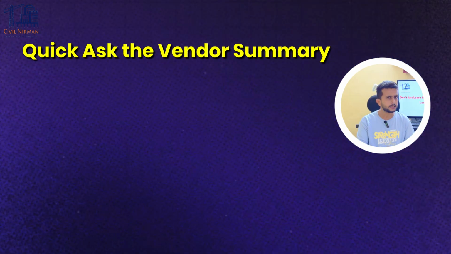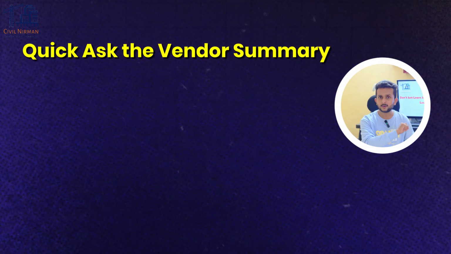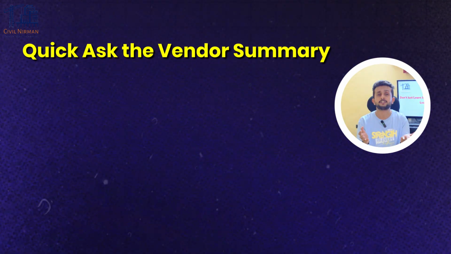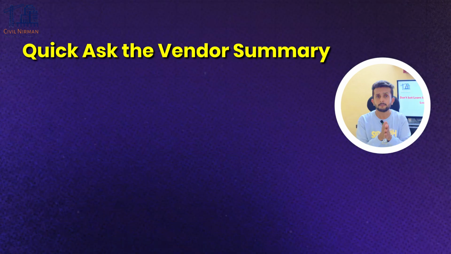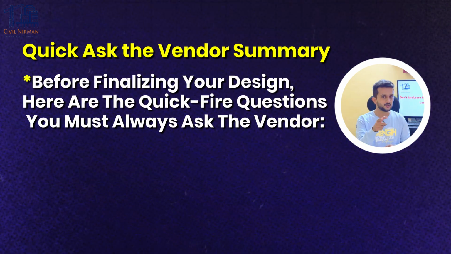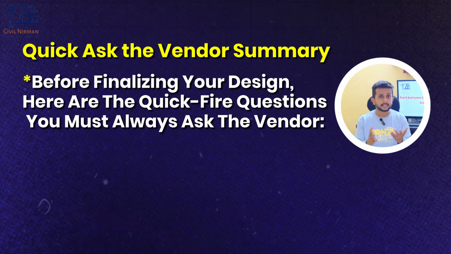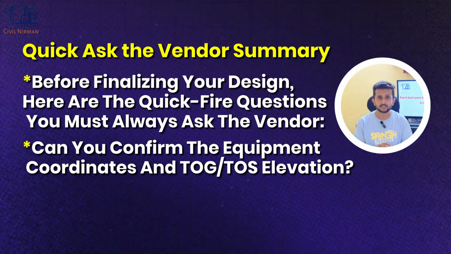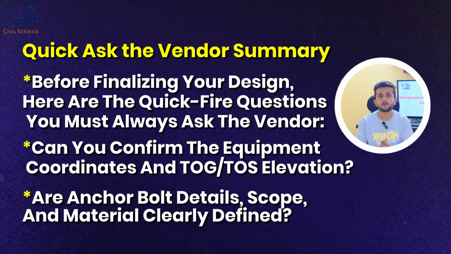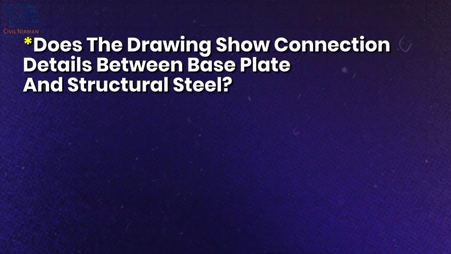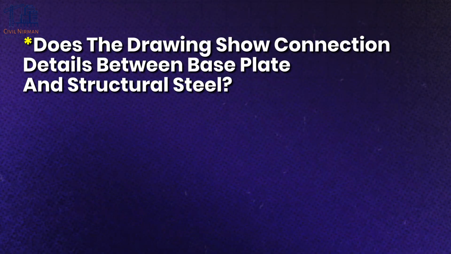Now, here I am providing you one quick ask-the-vendor summary which you can directly ask your vendor if sufficient data is not available. Before finalizing your design, here are the quick fire questions you must always ask the vendor. Can you confirm the equipment coordinates, TOG or TOS elevation? Next, are anchor bolt details, scope and materials clearly defined? Next, does the drawing show connection details between base plate and structural steel?